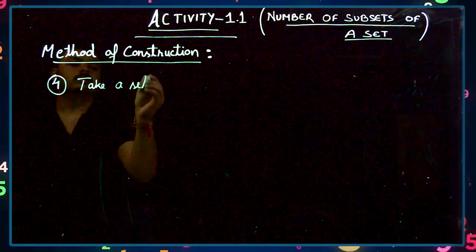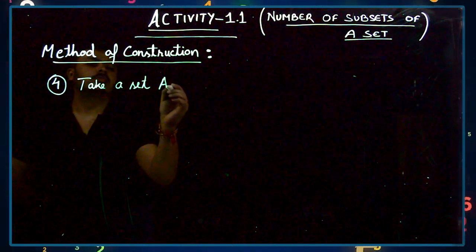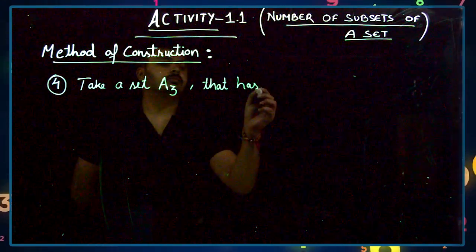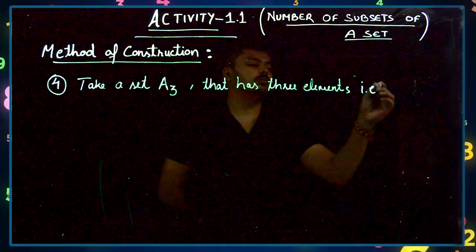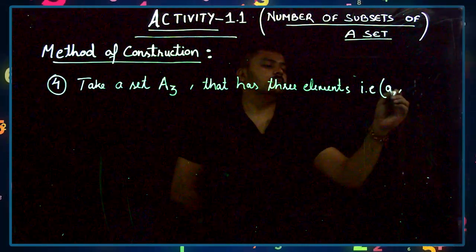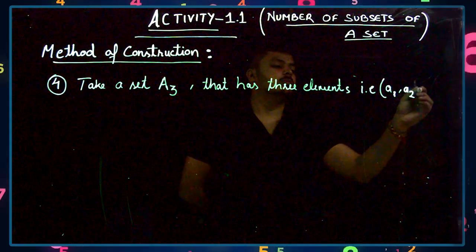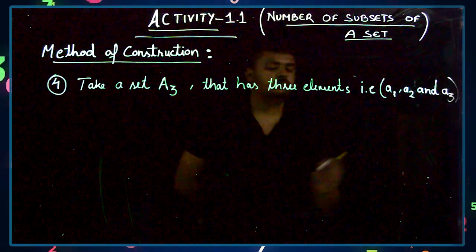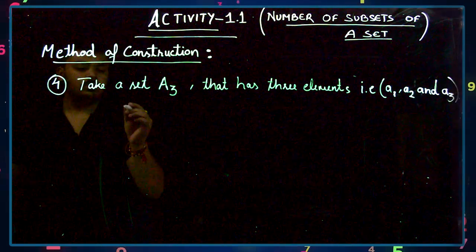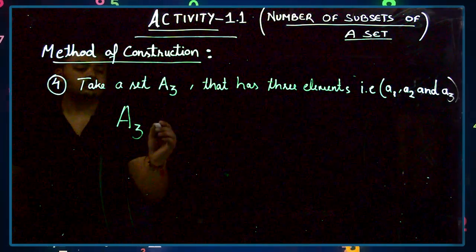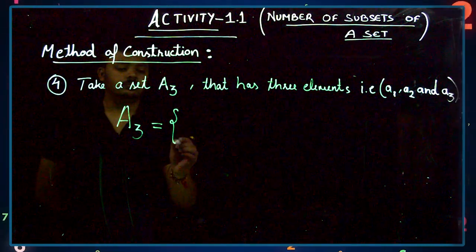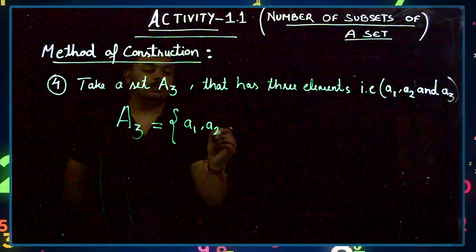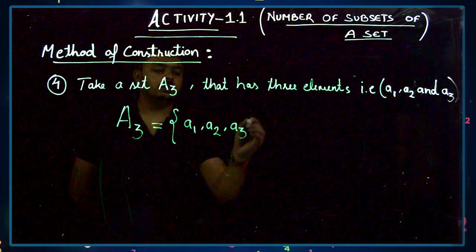Take a set A3 that has three elements, that is a1, a2 and a3. So A3 is equal to a set containing three elements a1, a2, a3.